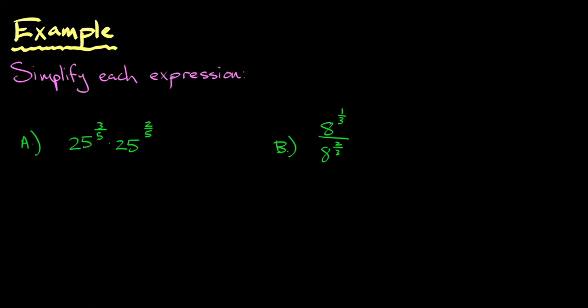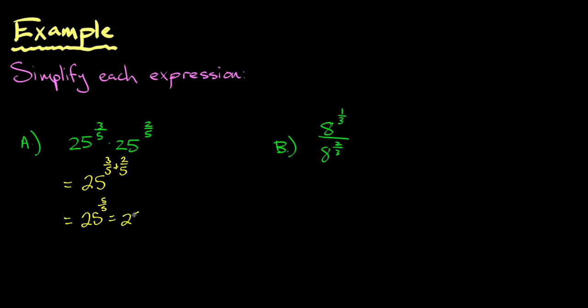Okay, on the first one, because I see a 25 times a 25, and they both have powers, the property says that I can add their powers. So what I can do is 3/5 plus 2/5. Well, that's fantastic. That becomes 5/5, which is 1.